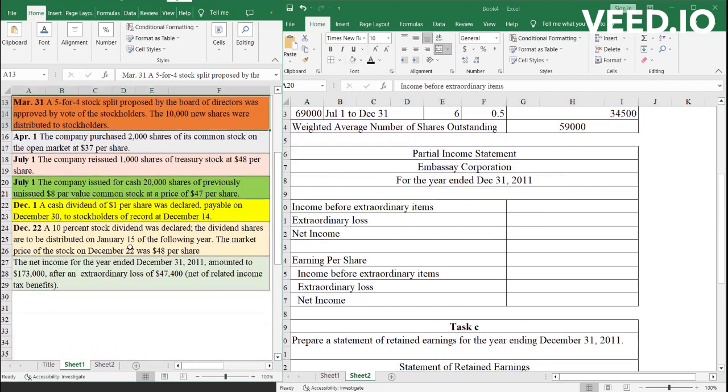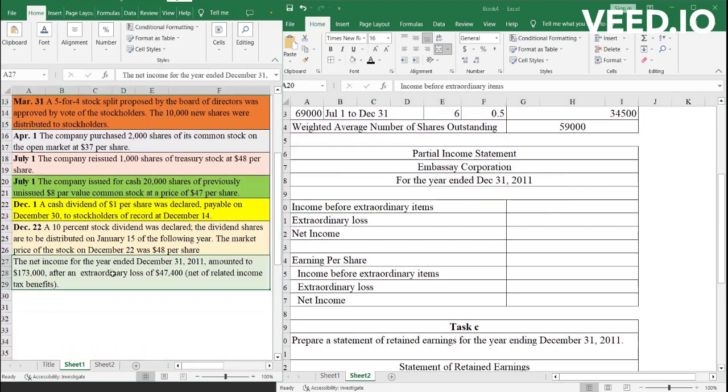So from the question, we know the net income for the year ended December 31st amounted to 173,000. So net income for the year was 173,000, after an extraordinary loss of 47,400. So a loss of 47,400. Now, if you know the net amount and you know the extraordinary amount, can you find the income before extraordinary items? Income before extraordinary items minus the extraordinary loss is equal to net income.